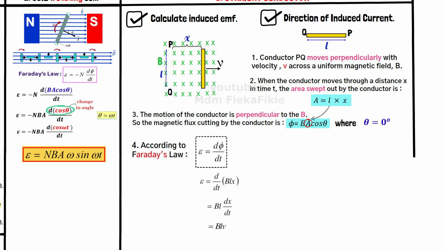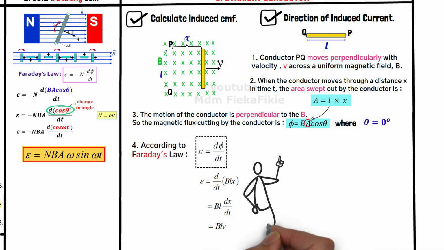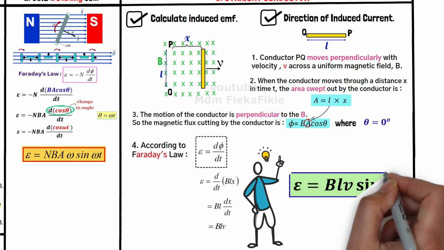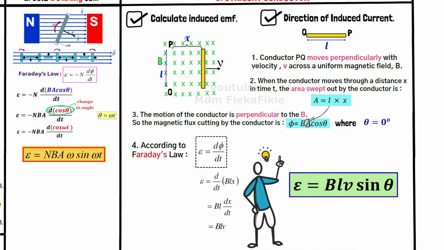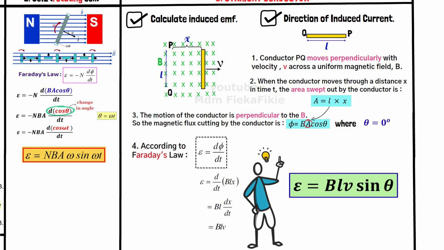And therefore, untuk kes yang ketiga ini, bila kita nak kira induced EMF, kita boleh guna formula BLV sin theta, hanya untuk soalan berkaitan dengan induced EMF in a straight conductor when the conductor moves perpendicularly with velocity V across a uniform magnetic field B seperti yang telah kita discuss dalam contoh ini.